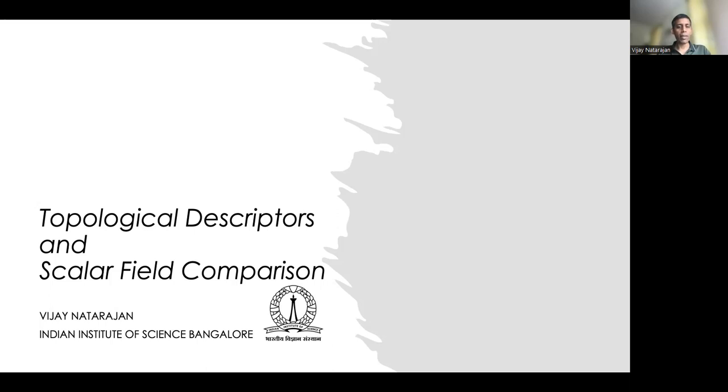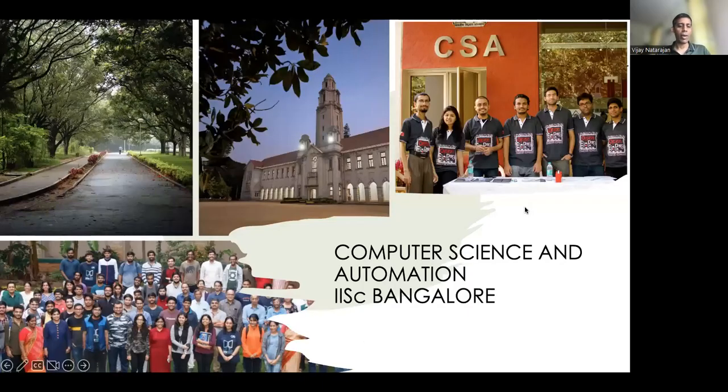But before I begin the talk, let me start with a quick introduction about where I come from. So I work at the Indian Institute of Science, one of the oldest universities in the country, located in Bangalore, a very scenic and beautiful campus that you're welcome to visit any time of the year, and it's still nice and beautiful.